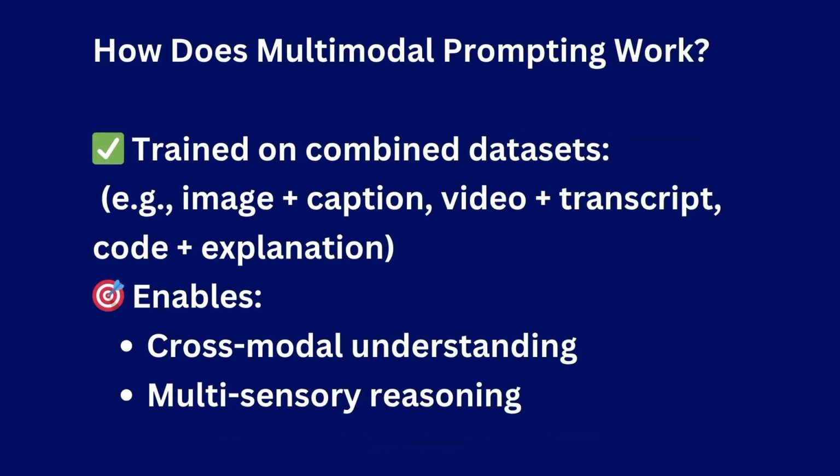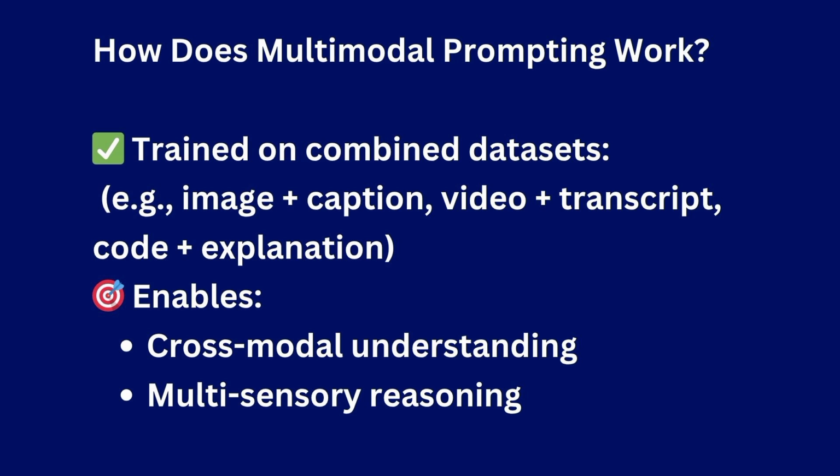How does multimodal prompting work? One of the ways it works is that it is trained on different types of datasets, raw data, information, general things we do based on images, captions, videos, transcripts, code, explanations.